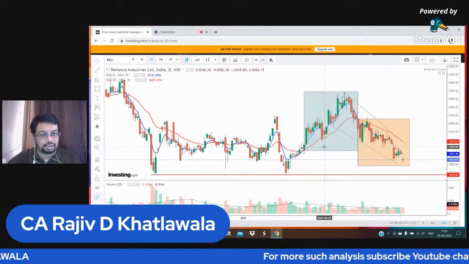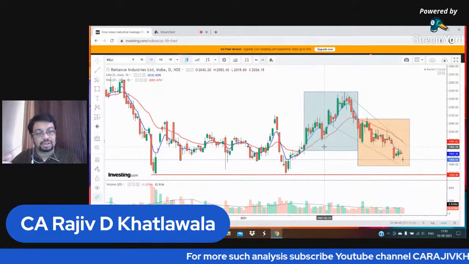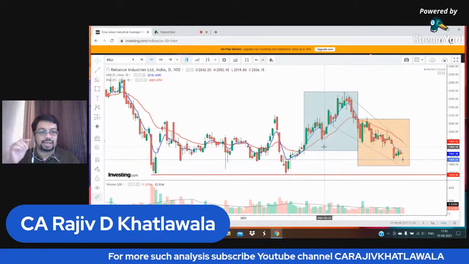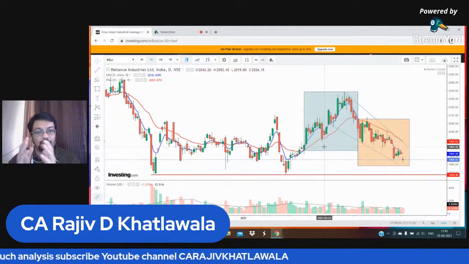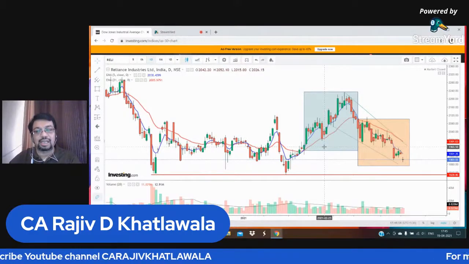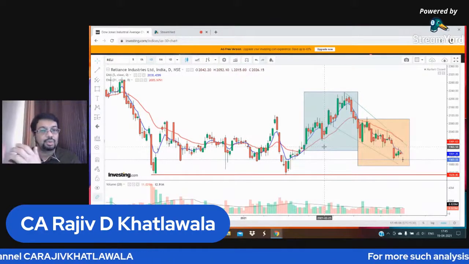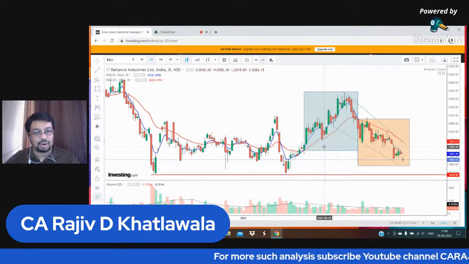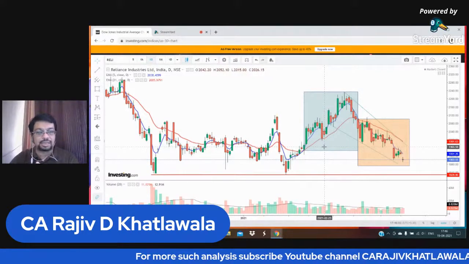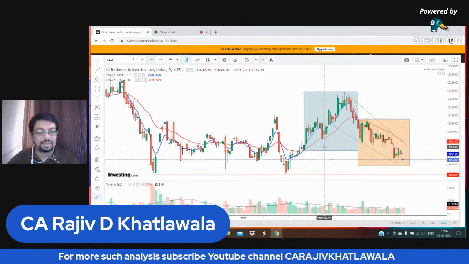Whenever that happens in the future, that will be an indication of a change in the mode of Reliance. It has converted from a selling mode into a buying mode, and you can consider buying the stock. So this is the basics of using a moving average.